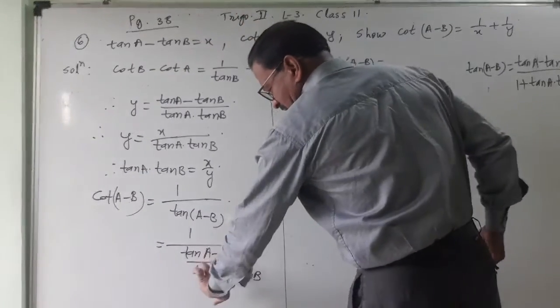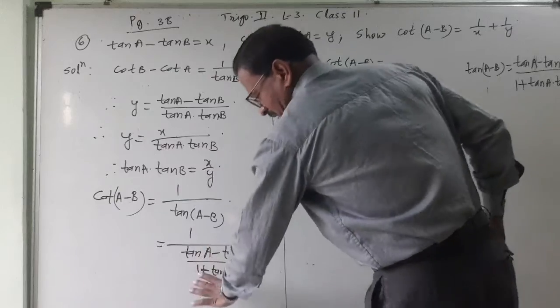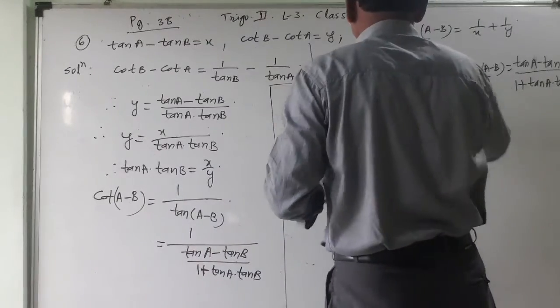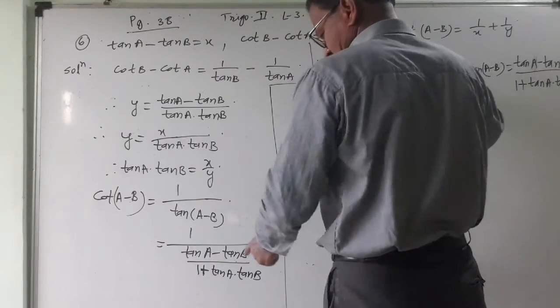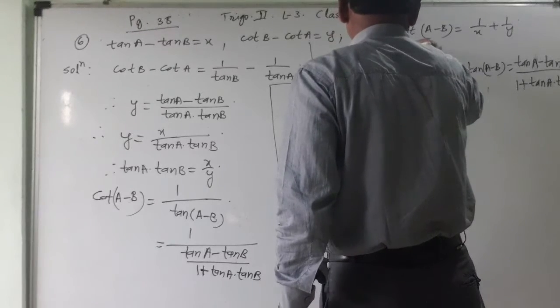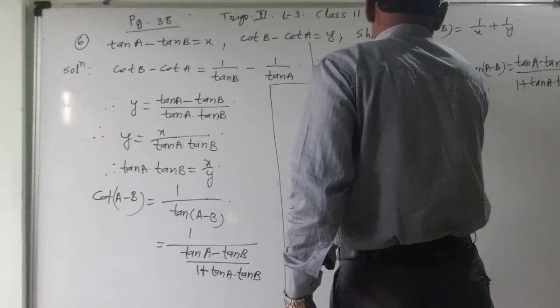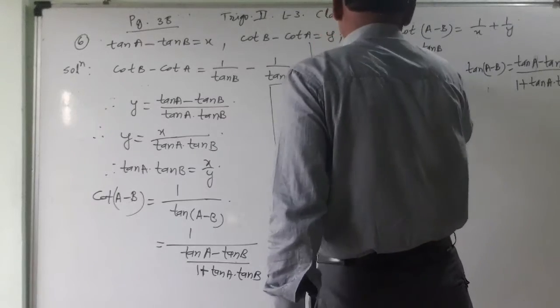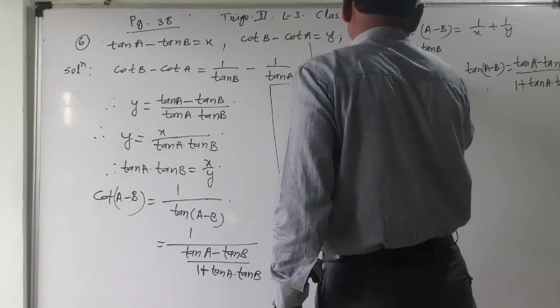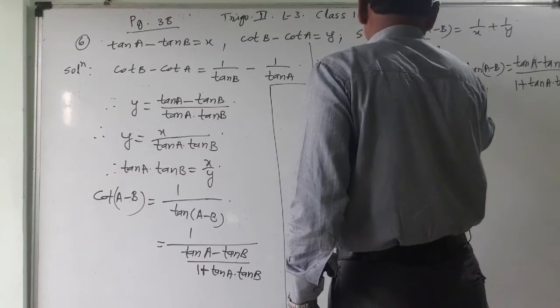See, divided by means upside down, take this up: 1 plus tan A into tan B upon tan A minus tan B.